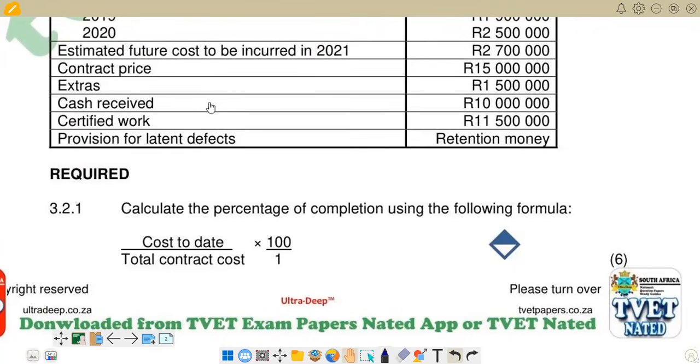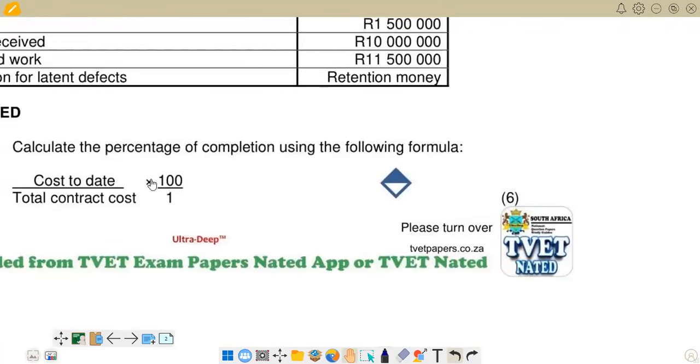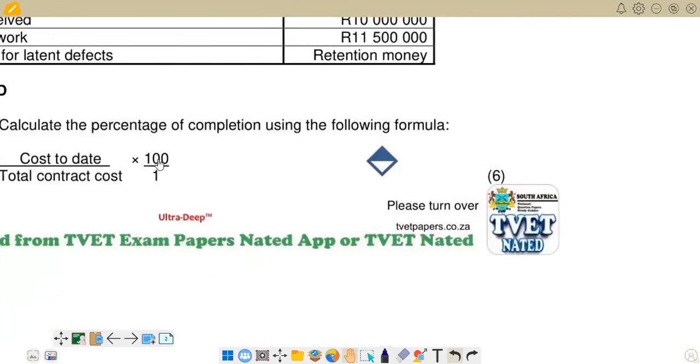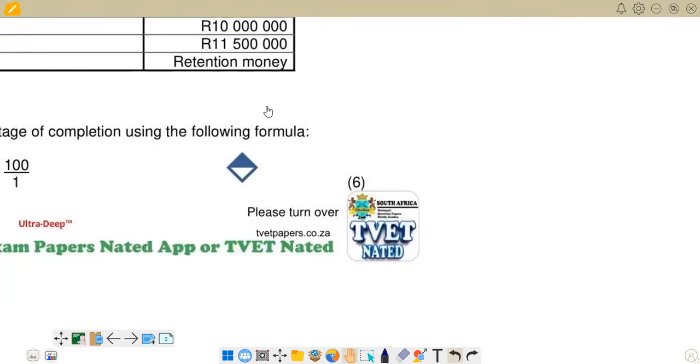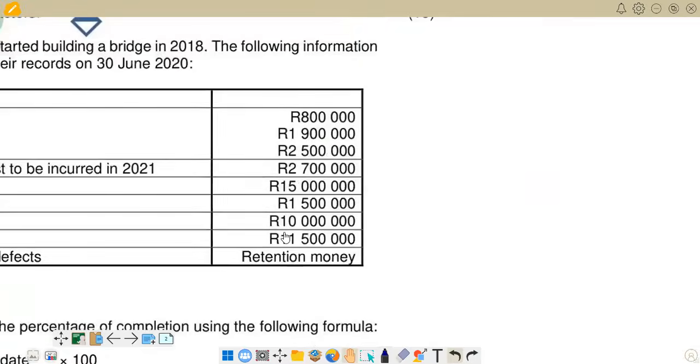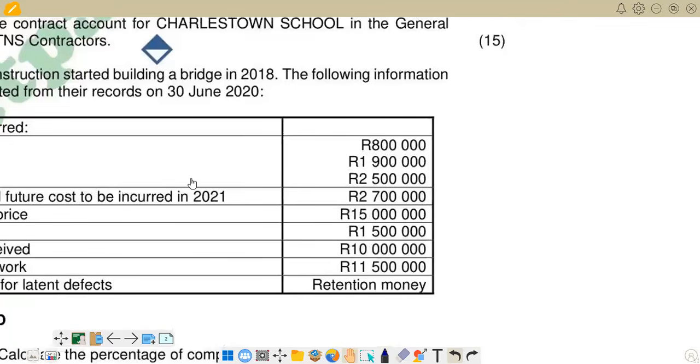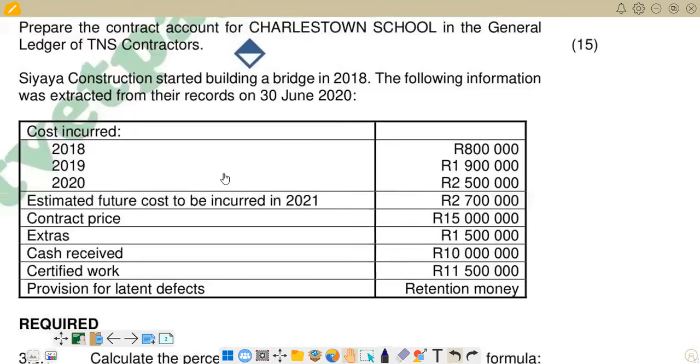So what we need to know is, can we find the cost to date and the total contract cost? To find the cost to date, we are just going to add the figures that we are given for the cost from the earliest period to the latest period.